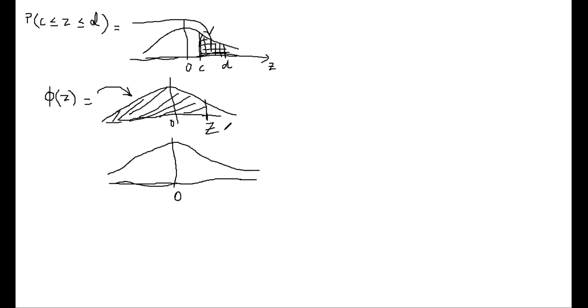So whenever you represent probabilities as area under the standard normal curve, the maximum area it can take is 1, because the maximum probability value is 1. No probability value exceeds 1. Since the maximum probability value is 1, the total area under this standard normal curve will be 1.